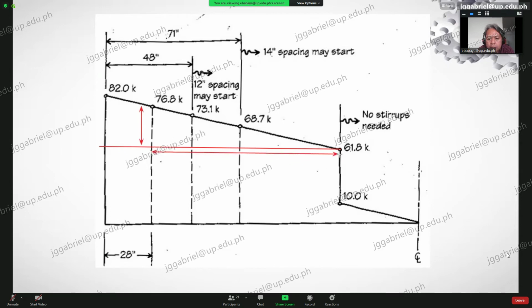How much is this? We don't know this yet. This is the x we are looking for. But we know this already.